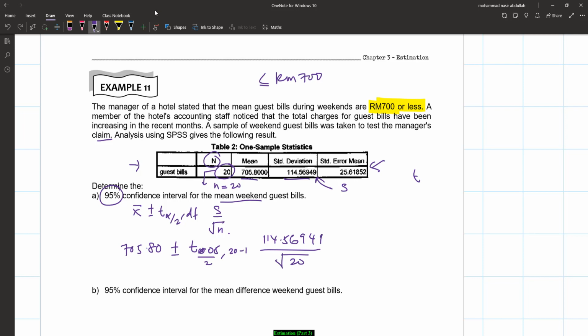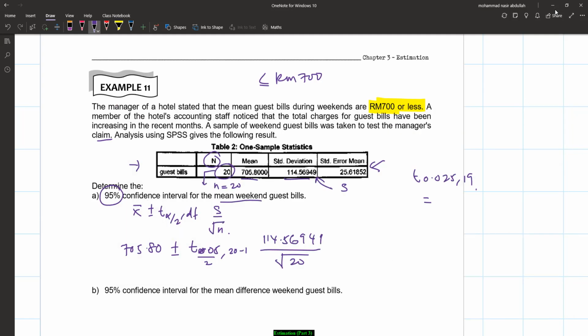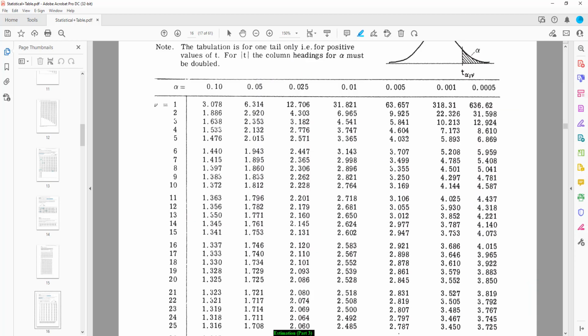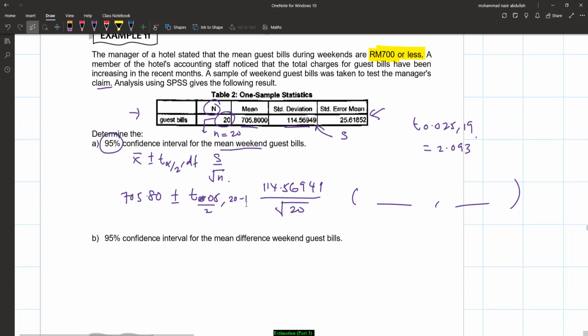So t 0.025 with degree of freedom 19 should be 2.093. Betul? Double check. Yes. Right? So you just plug in the value and we will get the confidence interval for the mean. So next, you calculate it yourself.